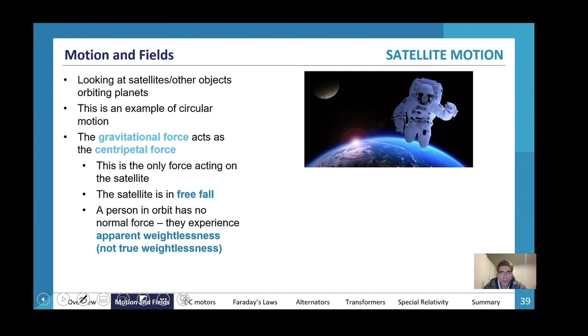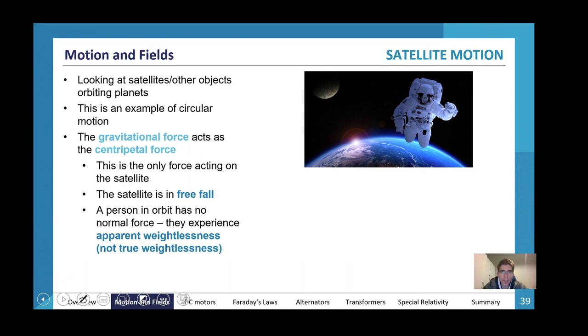Now we must also keep in mind not to forget about satellite motion. Objects which orbit around a planet are what we call satellites.